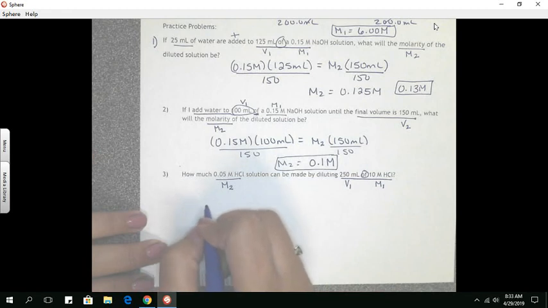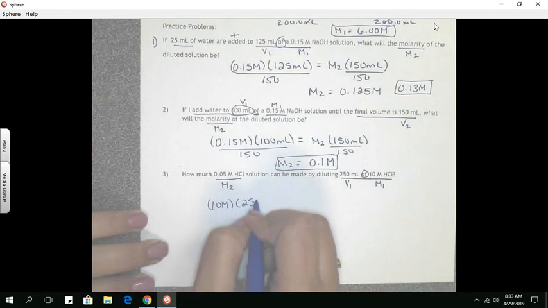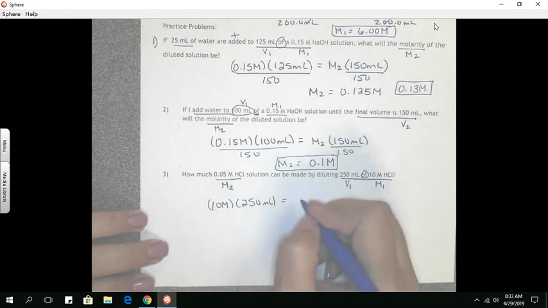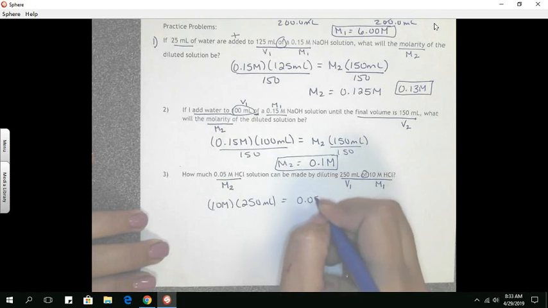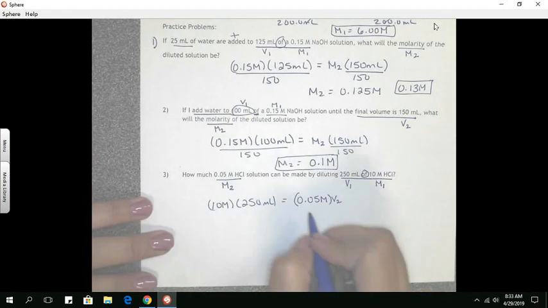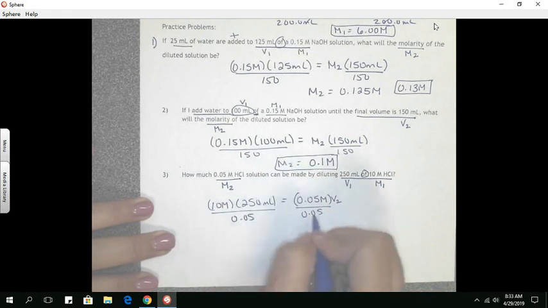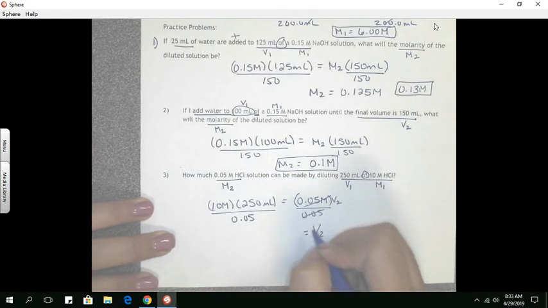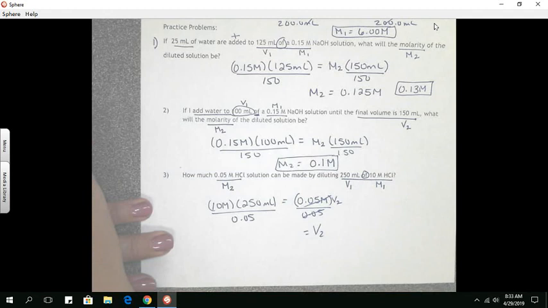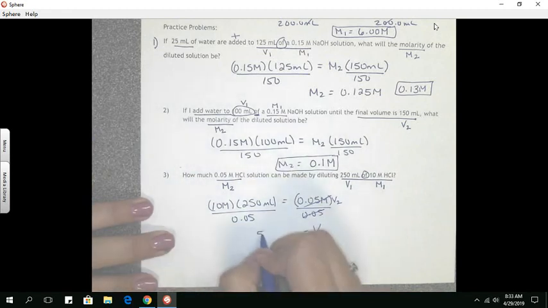And so we plug those in, so we get 10 molar HCl times 250 milliliters. That is equal to 0.05 molar times our final volume. Then we divide by 0.05 on both sides, and we get 50,000.